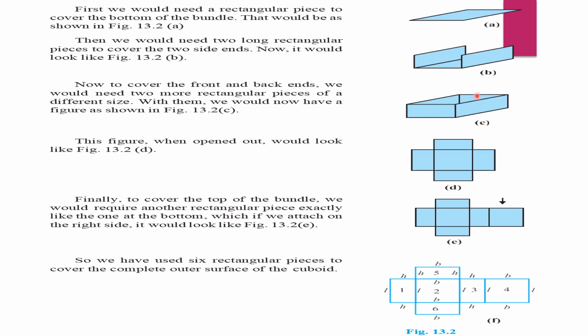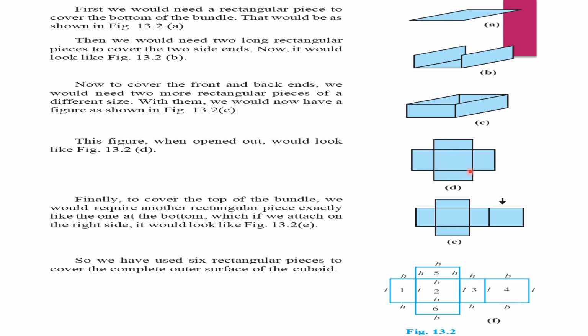We required these two rectangular pieces. Yes or no, children? This figure, when opened out, would look like 13.2d, like this. If you open this rectangle of four rectangles, it would look like this.